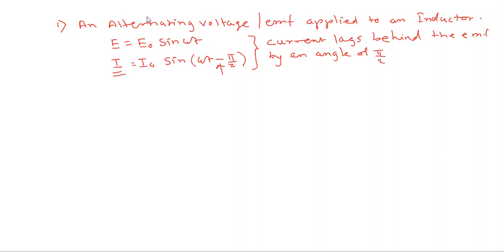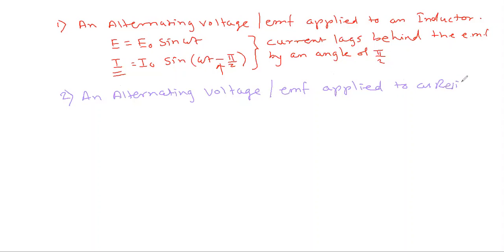Second one, an alternating voltage or EMF applied to a resistor. So in this case, you have drawn this resistor, and here you have applied the voltage or EMF.